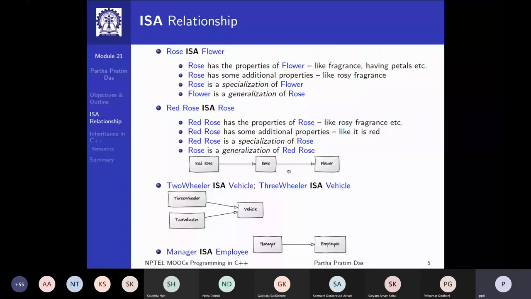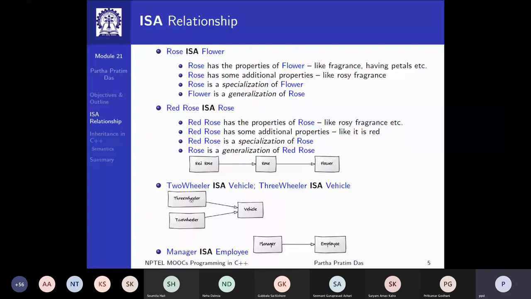Now think about another situation. We all know two-wheelers. We all know three-wheelers, autos, totos these days and so on. And in general, we know vehicle. So we will say that two-wheeler is a vehicle. Three-wheeler is a vehicle.